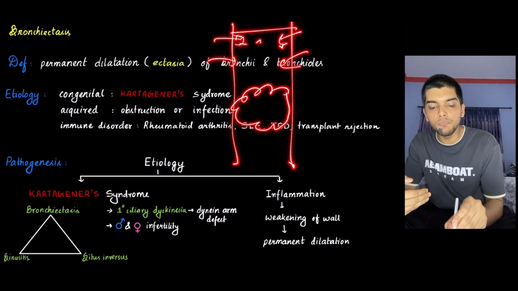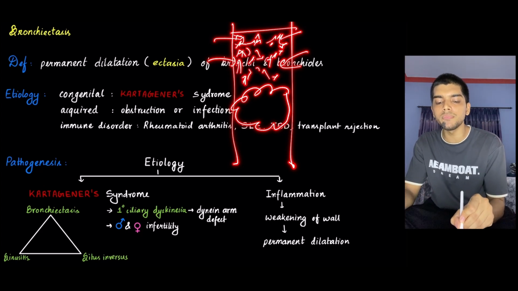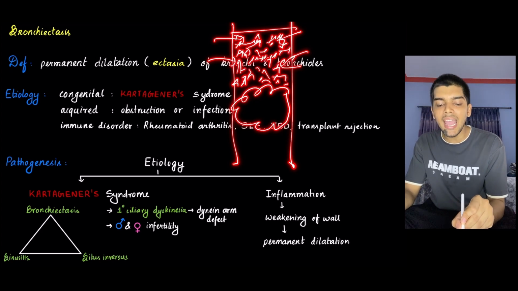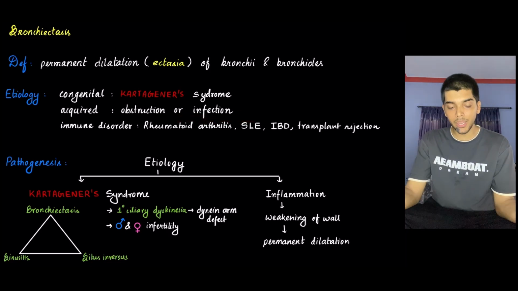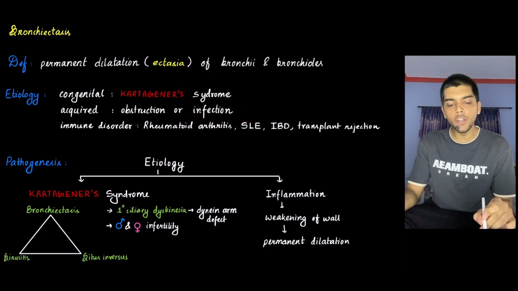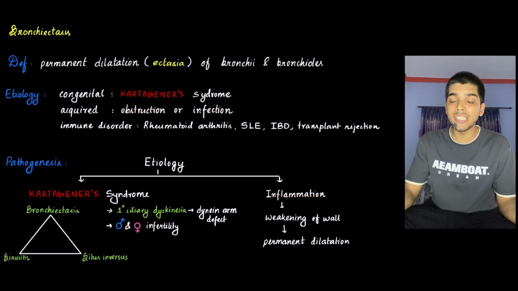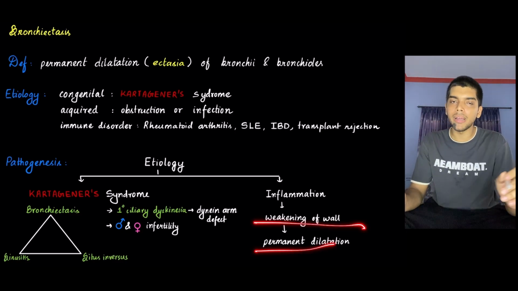As a result, there is pooling of mucus, pooling of serous fluid, all of them. They continuously exert stress on the wall of the bronchi. As a result, there is inflammation. On the other hand, infection leads to inflammation. Either way, be it obstruction or infection, there is inflammation. Due to inflammation, there is damage of the wall, which leads to weakening of the wall and permanent dilatation.